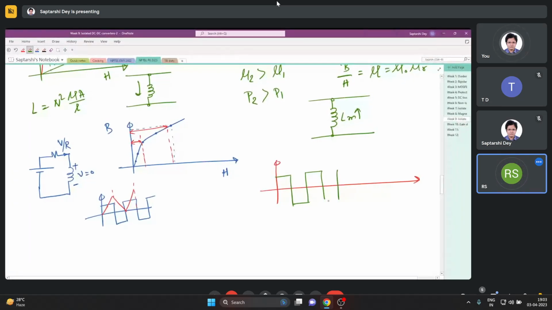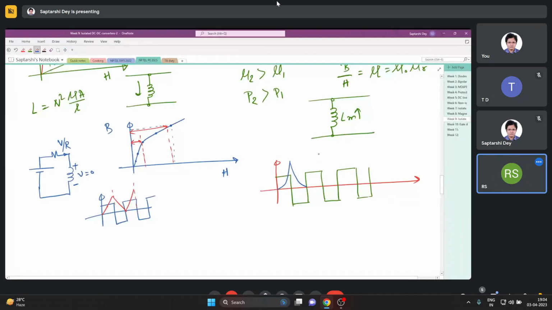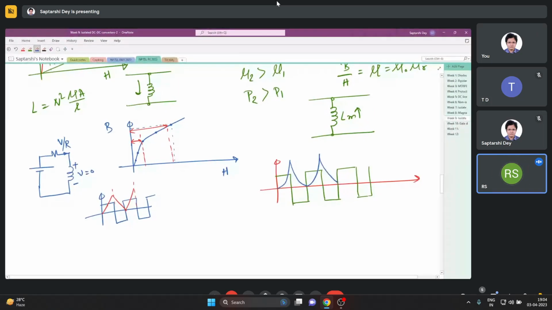If this is your voltage, then how will the current look? It increases up to, like this. This will be the current.